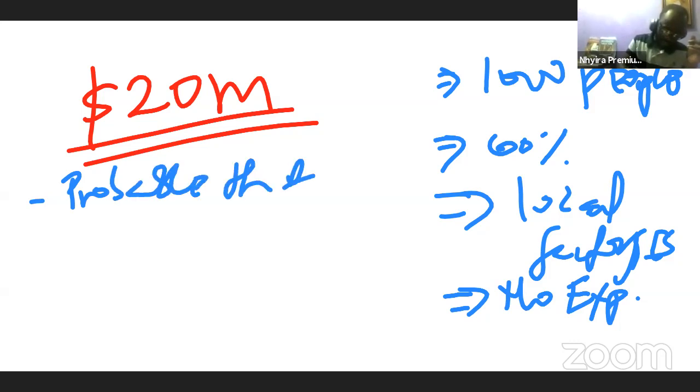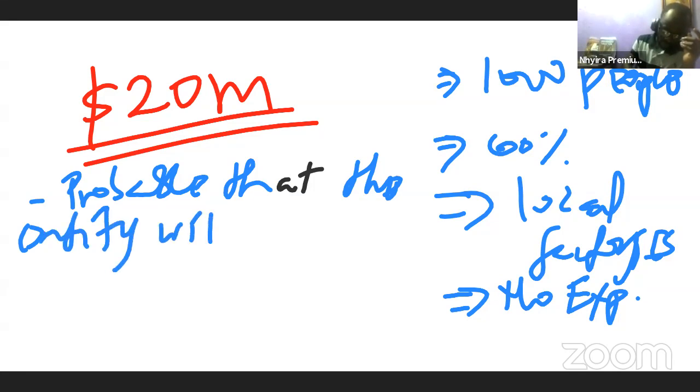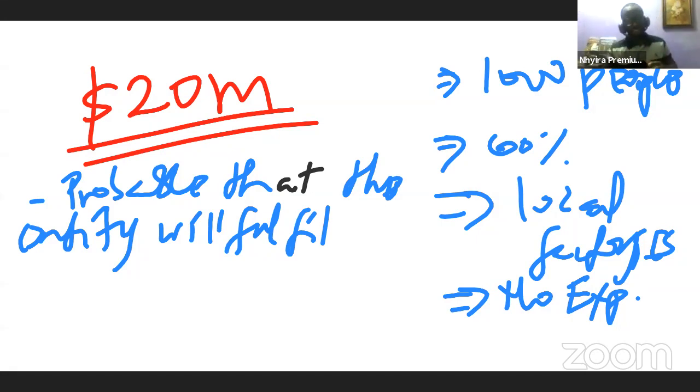It is probable that the entity will fulfill the conditions attached to the grant. That's the first thing.